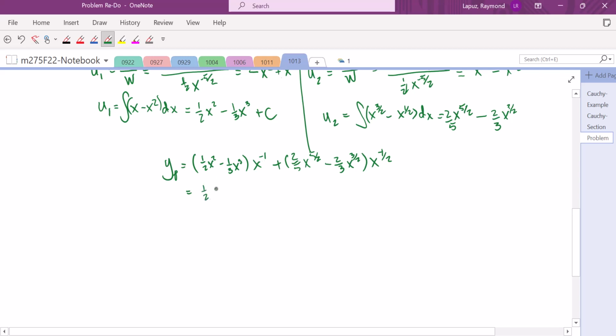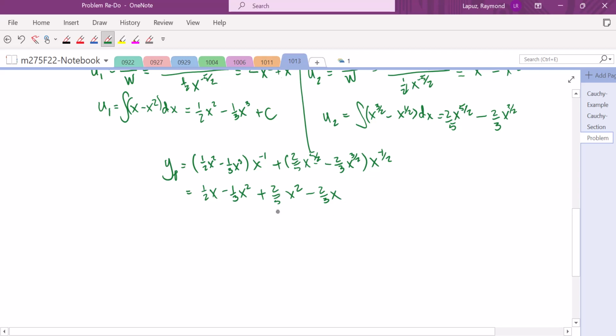We have 1/2 x to the 1st power minus 1/3 x squared, plus we have 2/5, and then here we have x to the 5 halves minus 1/2. So 5 halves minus 1/2 is 4 halves. I think that's squared again, minus, and then here 2/3 x to the 3 halves minus 1/2. That's just going to be x to the 1st power.